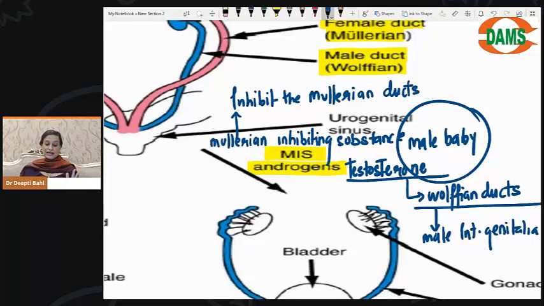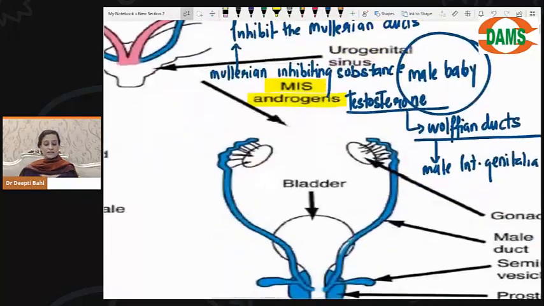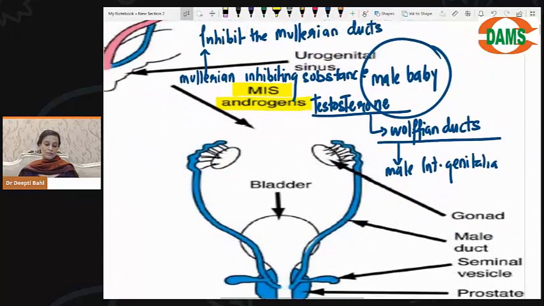The MIS will inhibit the Mullerian ducts, so the Mullerian ducts will eventually disappear. The testosterone, on the other hand, is going to act on the Wolffian ducts, and as a result the Wolffian ducts will convert into male internal genitalia. So that's how the male structures are going to be formed in the internal genitalia category.